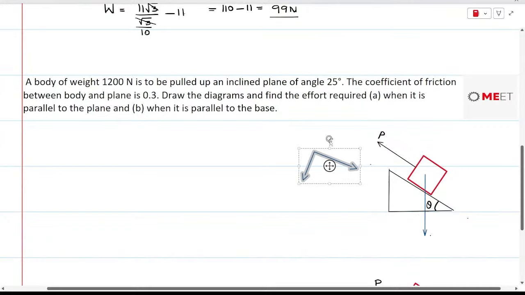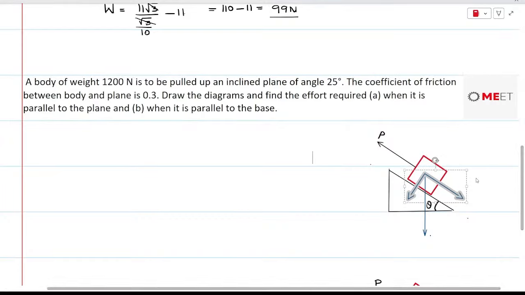So this would be the components of weight, and let me place it over here. One of them is along the plane and the other one is normal to the plane. So this will be theta, the angle included between the component normal to the plane and the weight is theta.